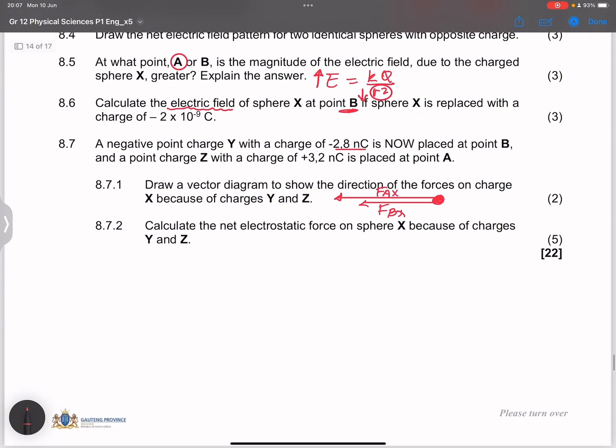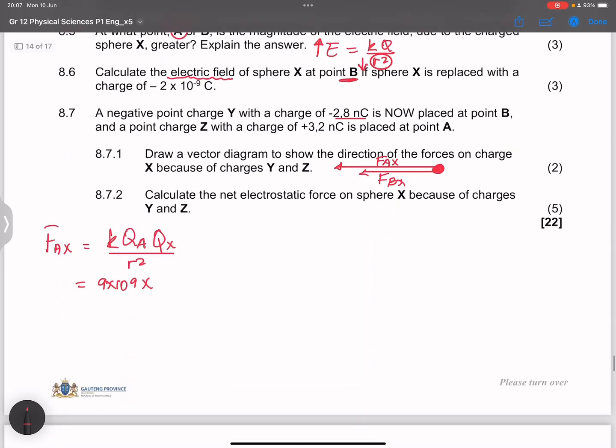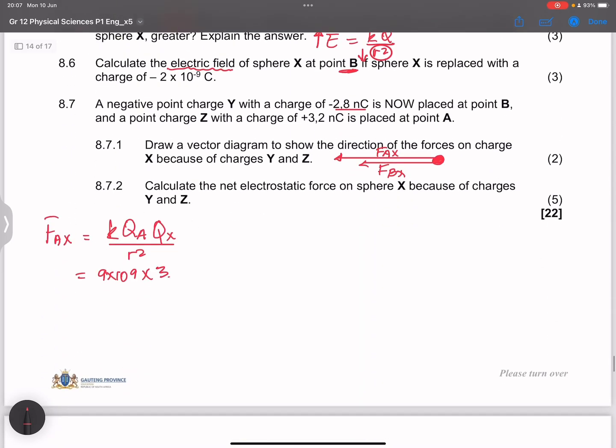So let's look for the force of A and X. So we're going to say this is kQAQX divided by the distance between them, r squared. That's 9 times 10 to the 9. The charge on A, we said that's 3.2 nanocoulombs.